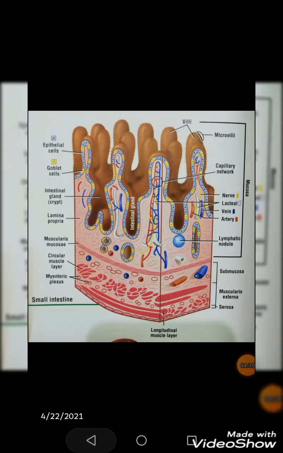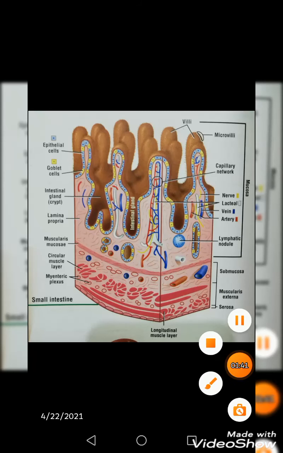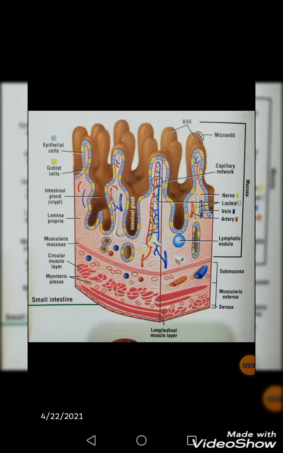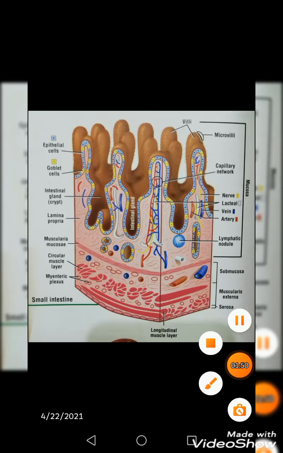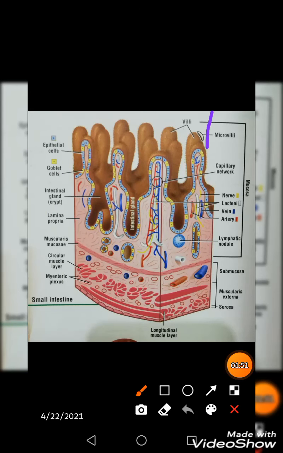After all the details of the mucosa, there is another feature: on the villi there are small minute projections called microvilli.